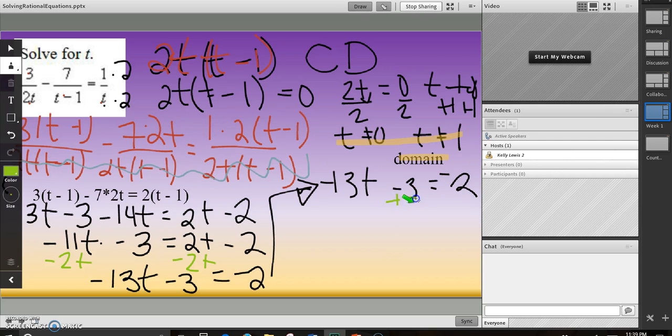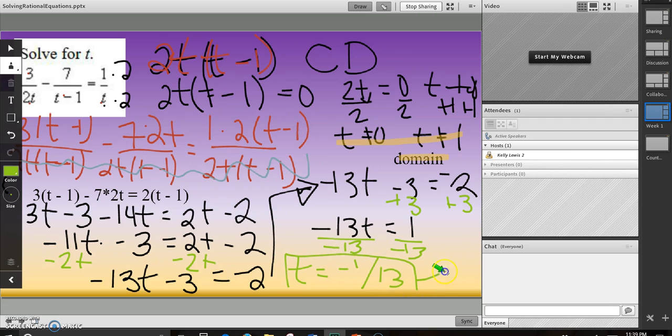Okay, I'm going to add 3 to both sides. So I get negative 13t equals negative 2 plus 3, which is 1. And then I need to divide by this negative 13. So I get t equals negative 1 over 13, which is not either of those numbers. So everything's fine.